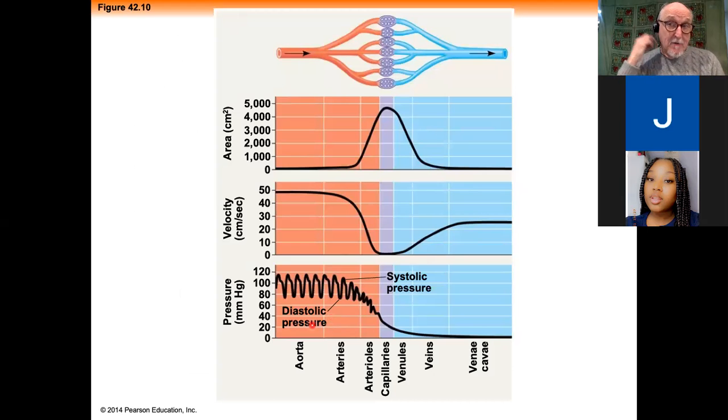All right, so let's just think for a minute about how the circulatory system is working. We've got the blood leaving the heart under high pressure. It's being driven under high pressure so that it can be distributed far away from the heart and quickly. So the blood actually moves very rapidly through the arteries.